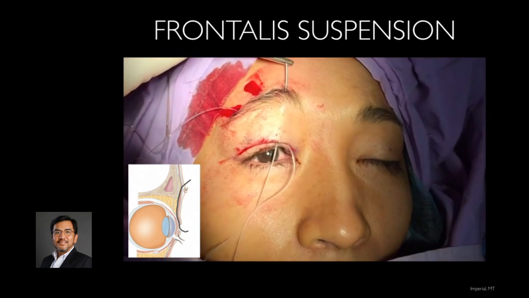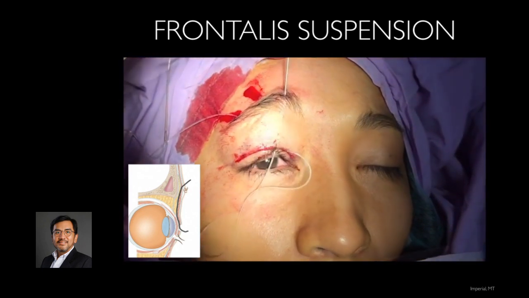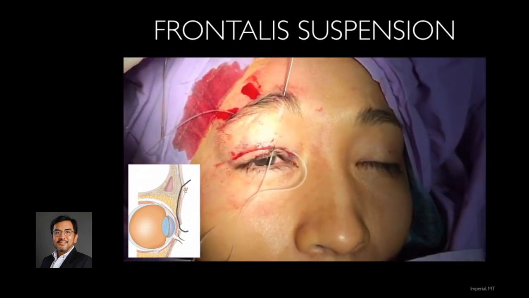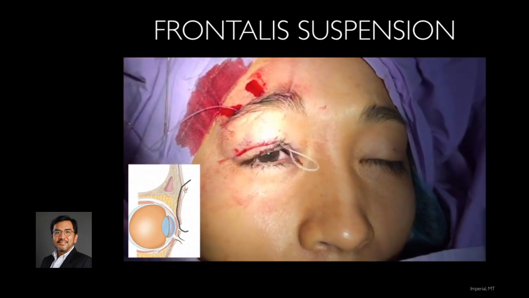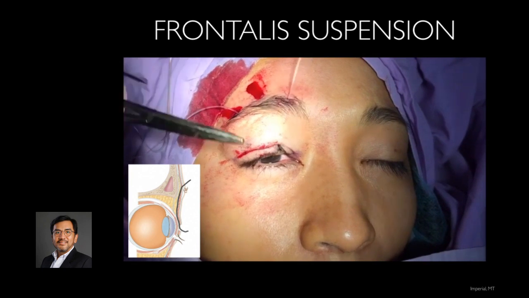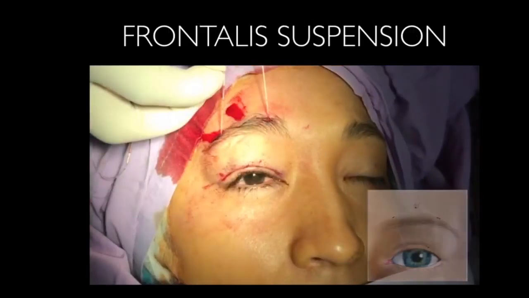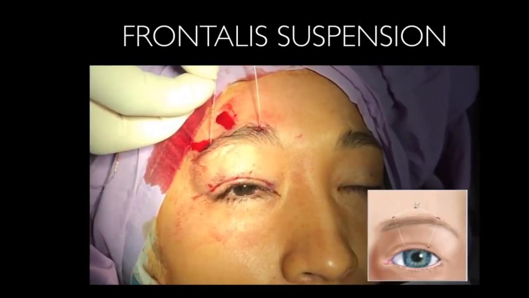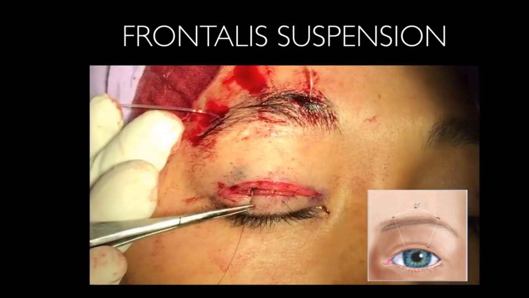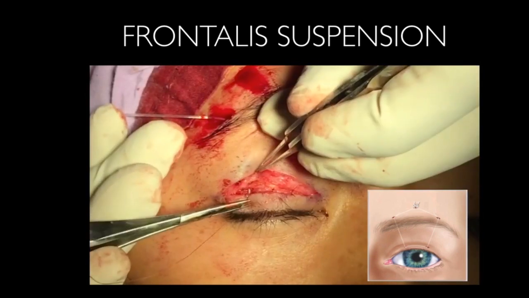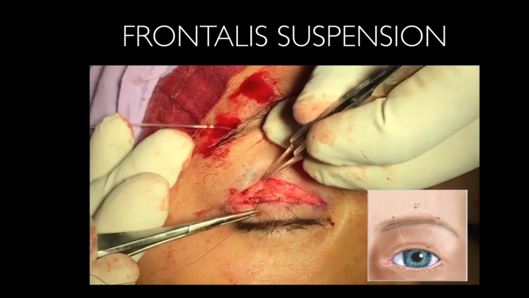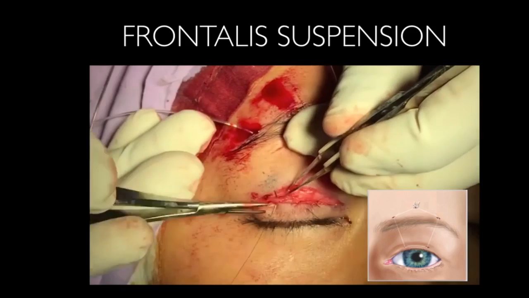At this stage, after threading, you try to mimic the lid height by pulling on the two silicone rod strands at the upper eyelid. Now, it is better to suture the eyelid crease incision at this point as it would be difficult to suture once the eyelid is elevated.